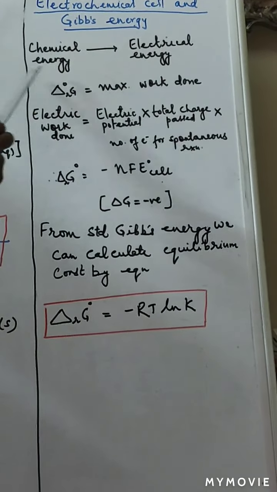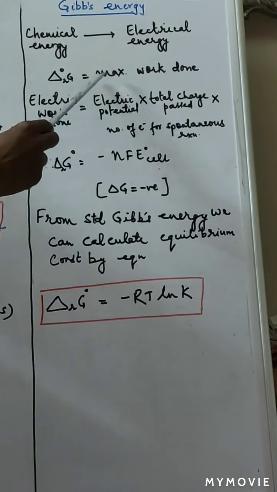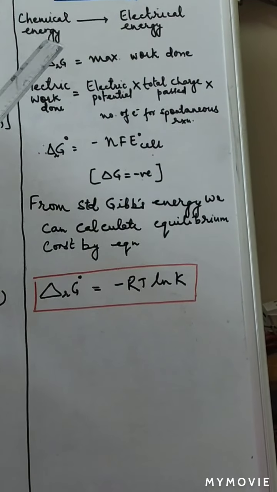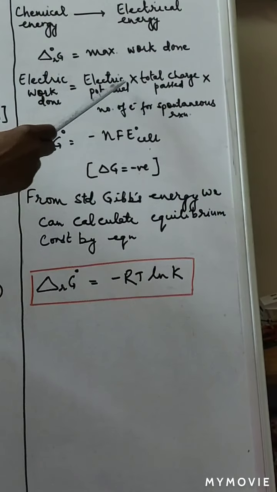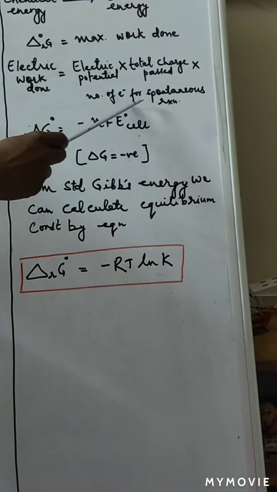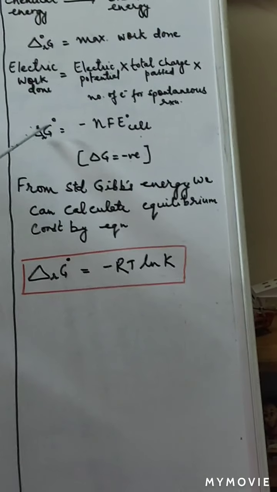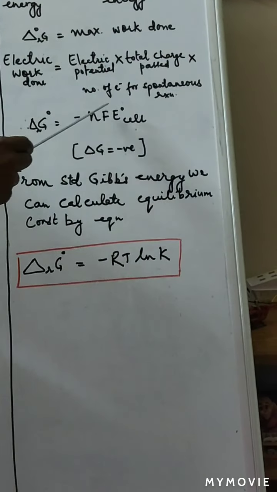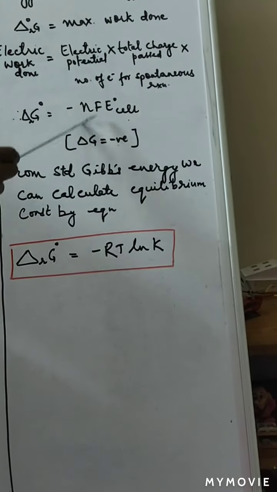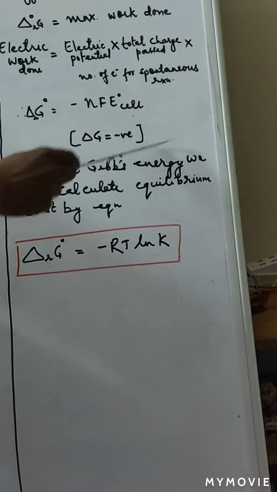The cell potential is related to the Gibbs free energy change, and we are aware that delta G naught is equal to maximum work done. That means electrical work done is equal to electric potential multiplied by total charge passed through the solution multiplied by the number of electrons for a spontaneous reaction. And from this we get the expression delta G naught is equal to minus nF E naught cell. Why are we getting a negative sign over here? Because for a spontaneous reaction, the change in free energy will be negative.